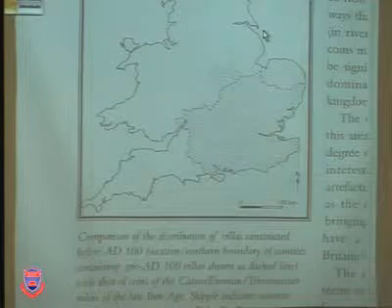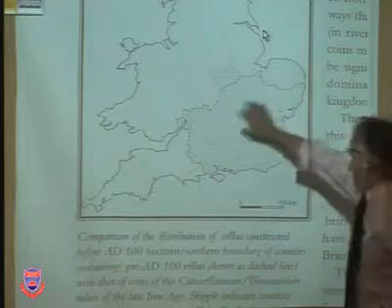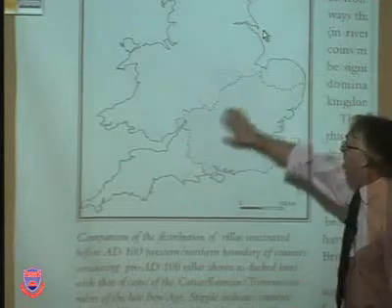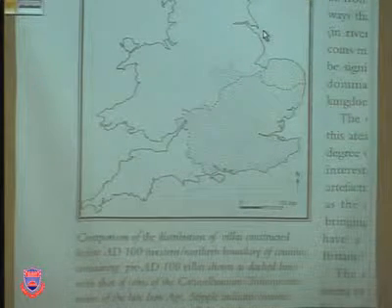And the dotted area indicates places where coins from the pre-Roman rulers of the Cantavalonian and Trinovantian tribes, who are based around this region primarily, have been found. The rulers minted their own coins, partly imitating the Romans.